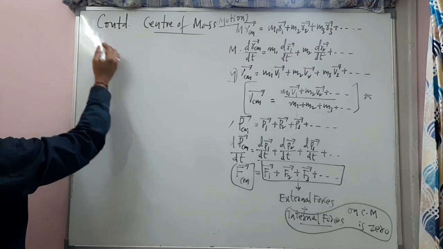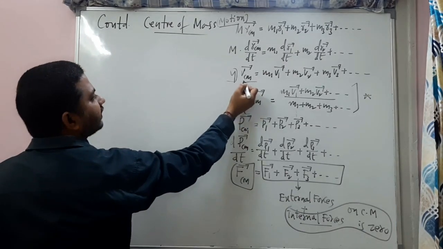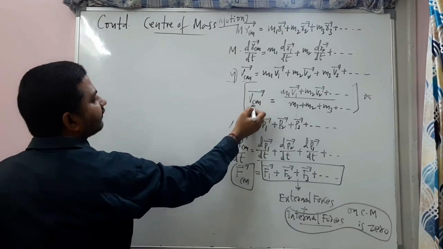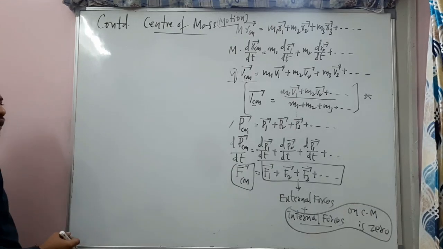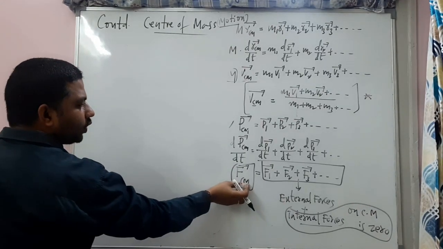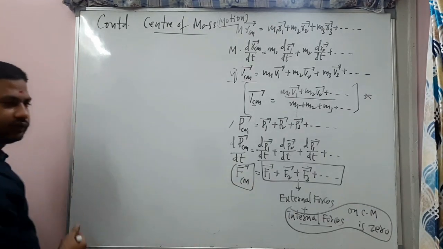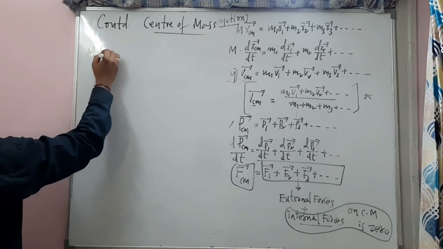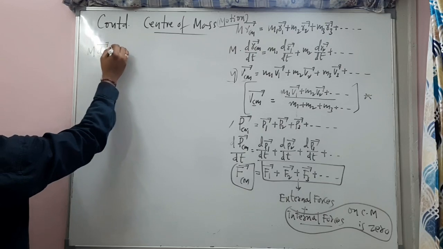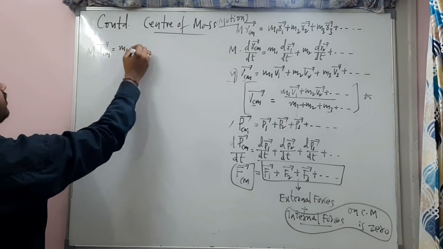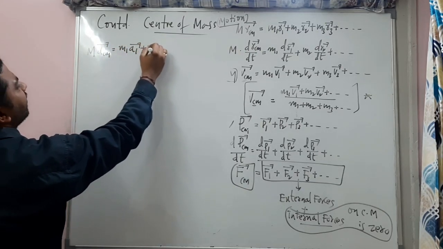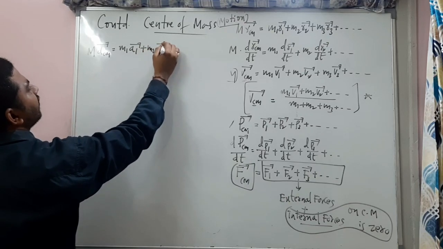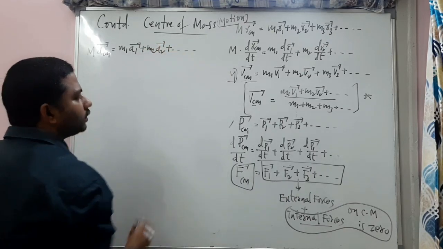See, here the velocity we have, right? This is the velocity we have. Or this is what force we have. We can write in terms of acceleration. Total mass into acceleration of the center of mass is equal to m1a1 bar plus m2a2 bar plus so on.